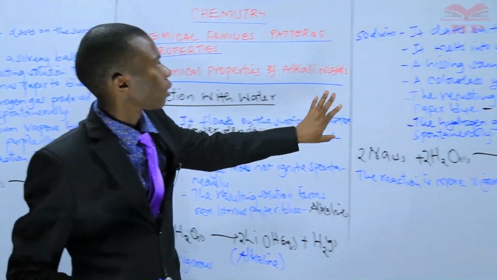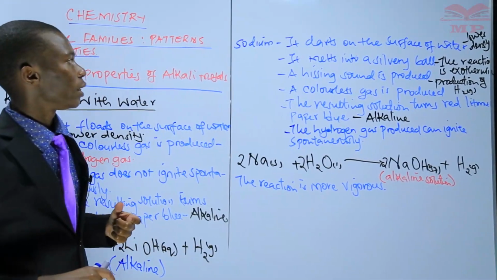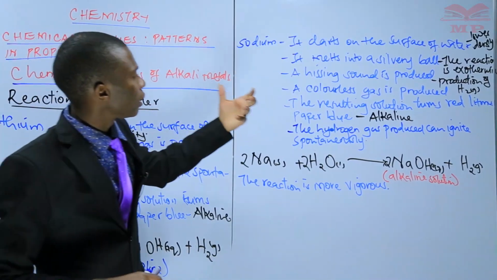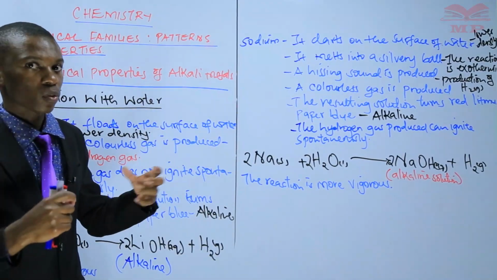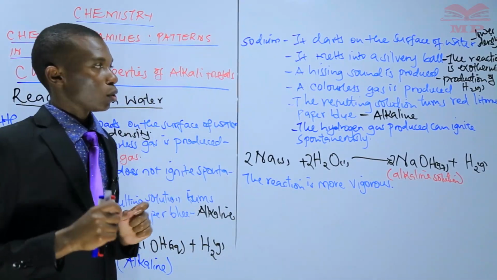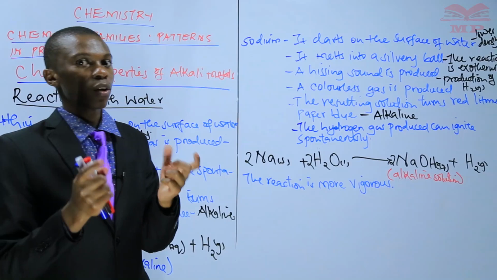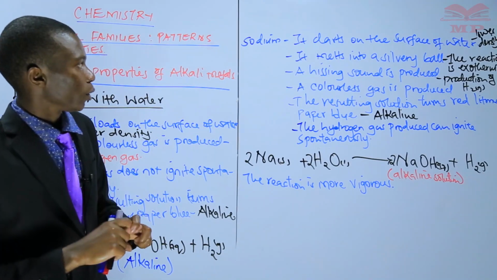Second, sodium. We have seen that it floats on the surface of water because, again, it has a lower density. Then it melts into a silvery ball because we have seen that this reaction is exothermic. An exothermic reaction leads to production of heat to the surrounding, and that heat is now the one which is melting the piece of sodium metal.